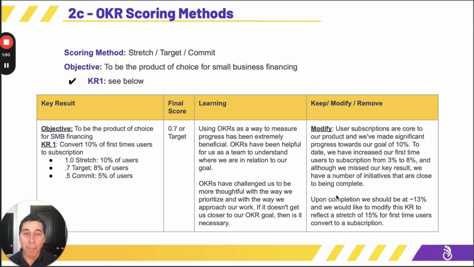In terms of moving forward, though, upon completion, we should be at approximately 13%, and we would like to modify this key result to reflect a stretch of 15%. So now we're going from a 10% stretch to a 15% stretch, and this is why. So just an example there of the stretch, target, and commit method applied when it comes to end of cycle scoring, okay?